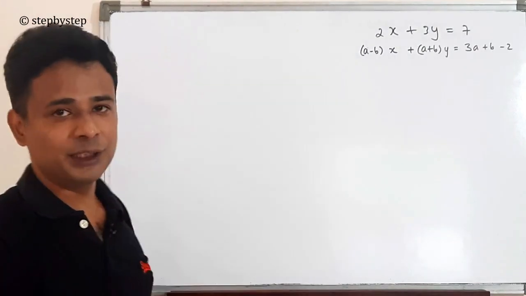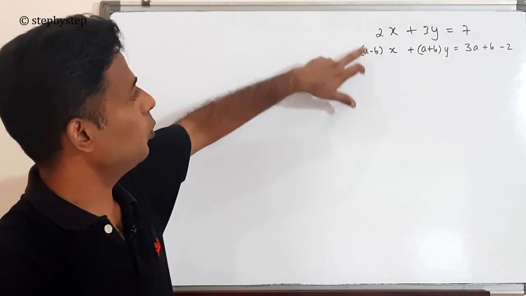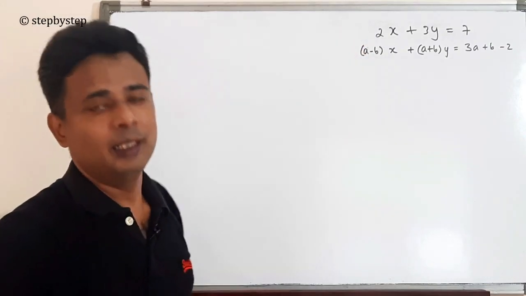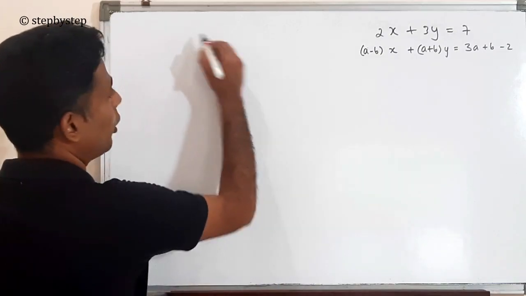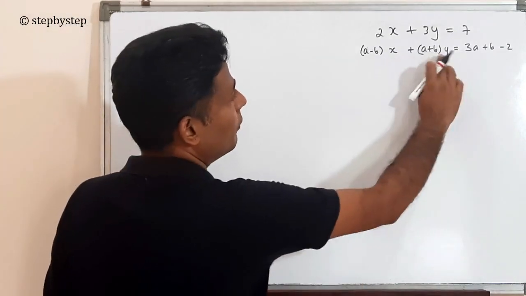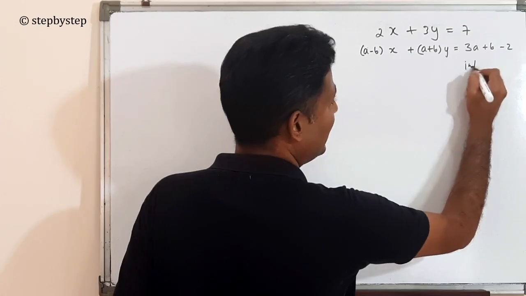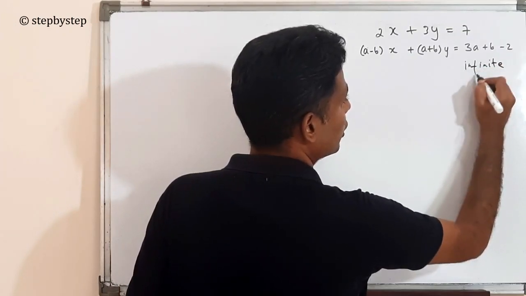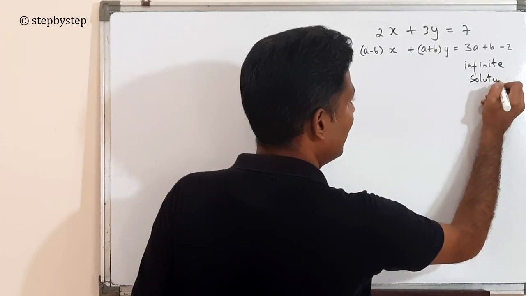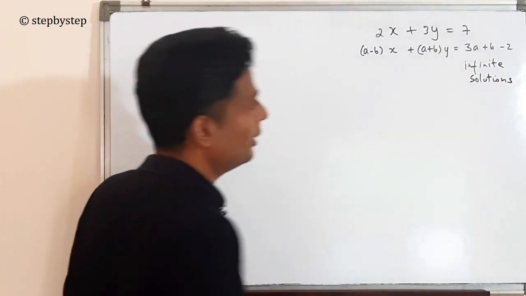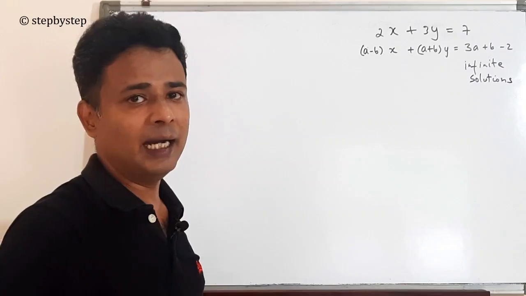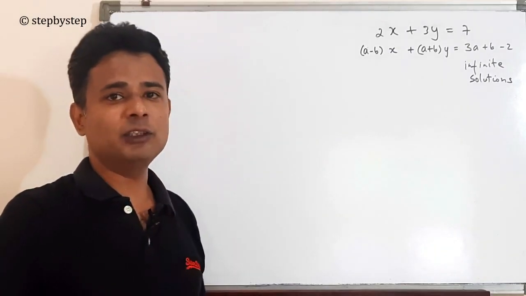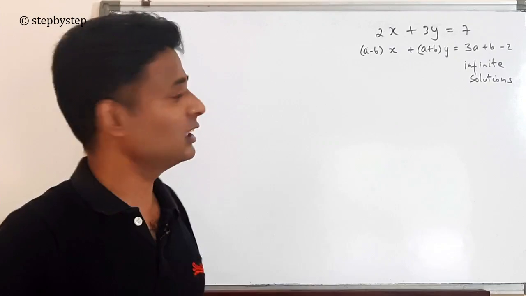Alright guys, we'll solve one question now. They have given us a pair of linear equations, and the question is, for what values of A and B will this have infinite solutions? We have to find the values of A and B. Now if we have to find values of A and B, we need two equations because there are two unknowns.